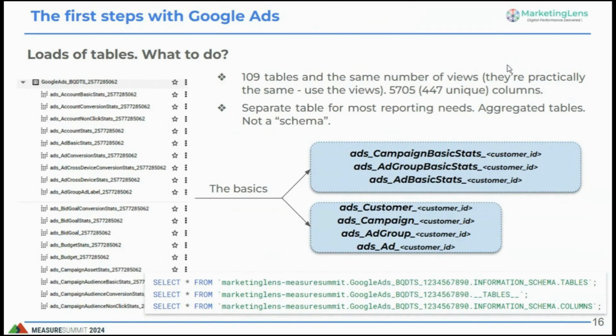So there are 6 tables that you might only ever use in Google Ads. And they are the basic stats tables on one hand, and on the other hand, they are the reference tables or some of the corresponding reference tables. If you're particularly looking for something, then you can also use the information schema to find what you're looking for, to list out the tables and columns and look for the particular attribute that you're looking for.